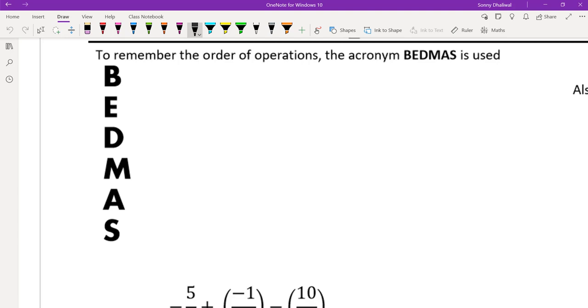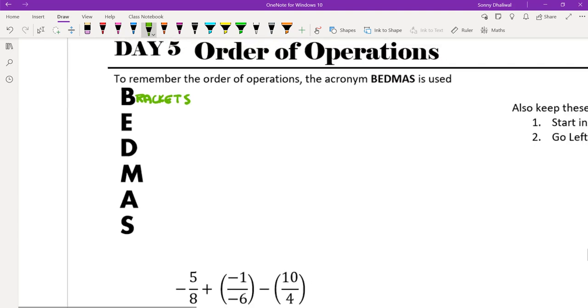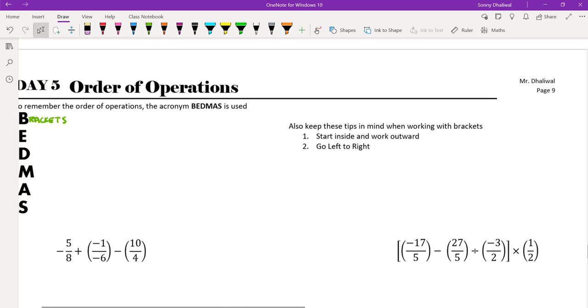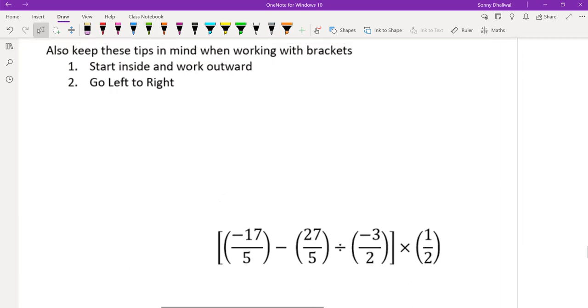The B stands for brackets, and that is the first thing we look for, and the first thing we're going to do in the expression. When we work with brackets, especially with questions like these, they start getting complicated.